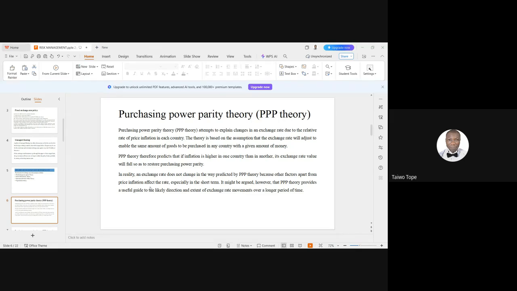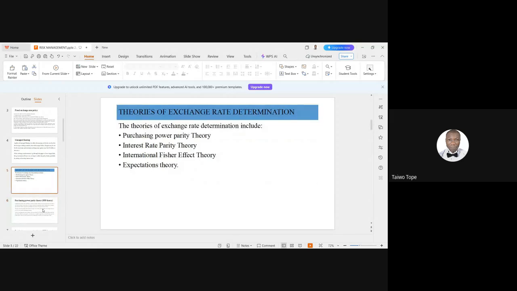This purchasing power parity theory has a formula in which you will also be looking at direct quotes and indirect quotes. When we talk about direct quotes and indirect quotes, what do we refer to?